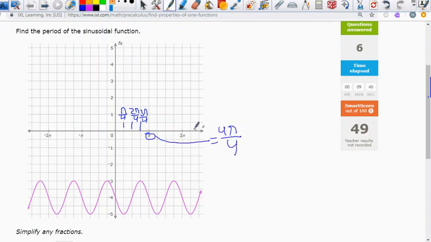So now we know that each unit is pi over 4 when you count the units in between each maximum: 1, 2, 3, 4. So the period, the distance between maximums, is 4 pi over 4, which is equal to pi.